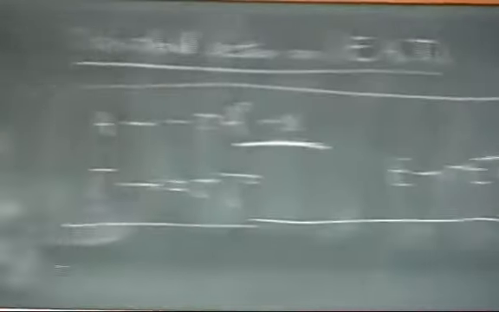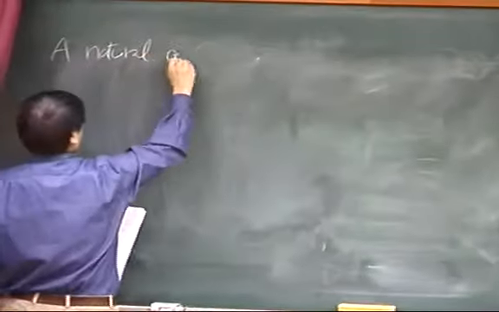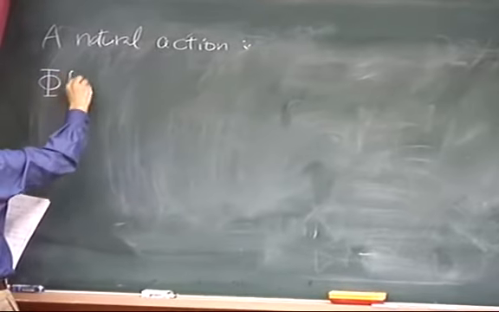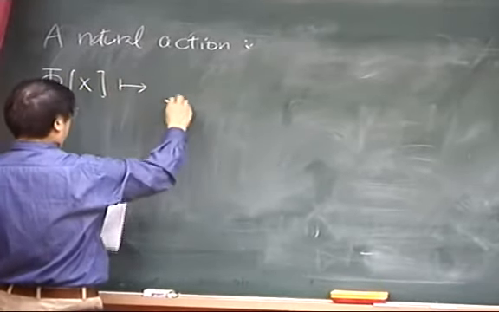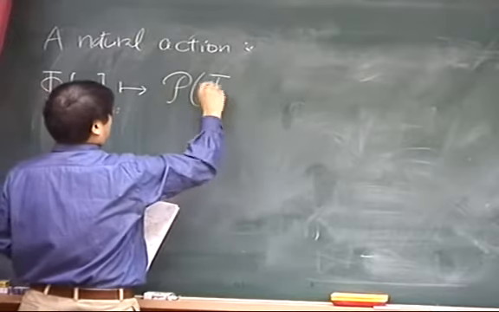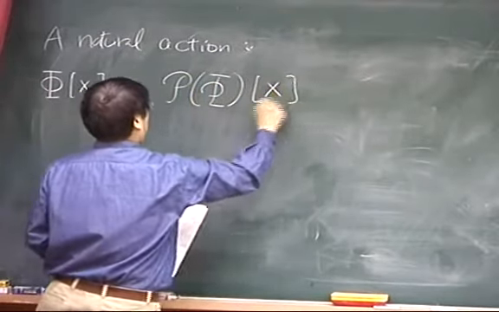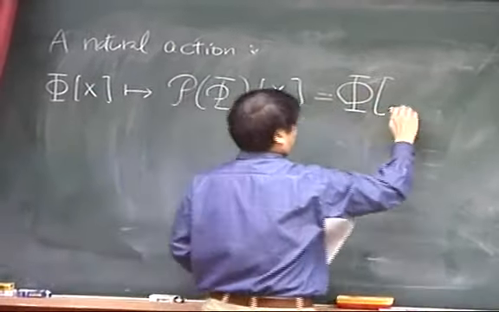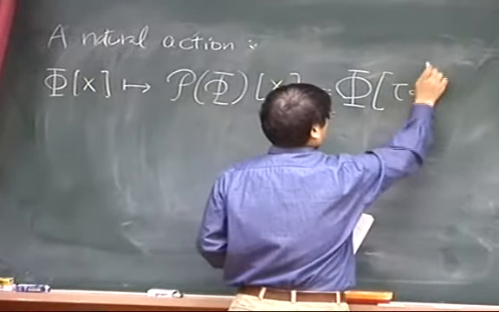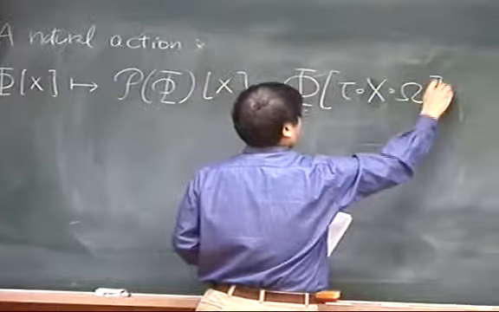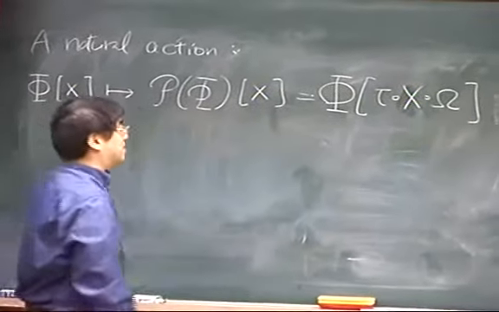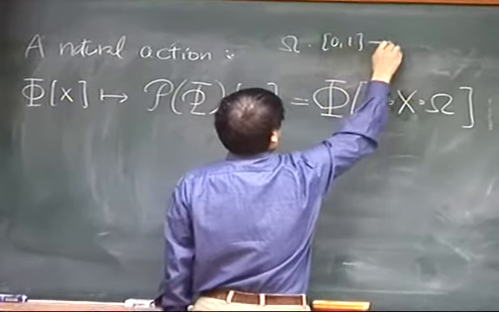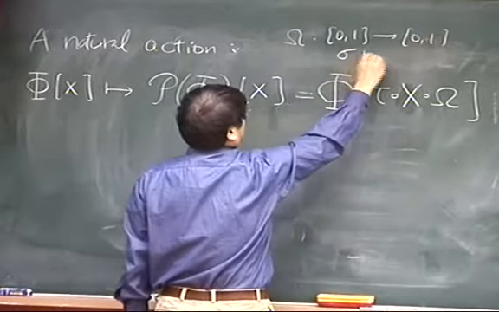So a natural action would be, from phi of x to, I call it P of phi of x, which is just take phi, and in this argument you consider this transformation of the open string configuration. Now omega is 0, 1 to 0, 1, and sigma to 1 minus sigma.